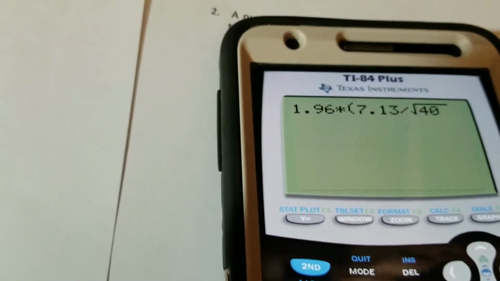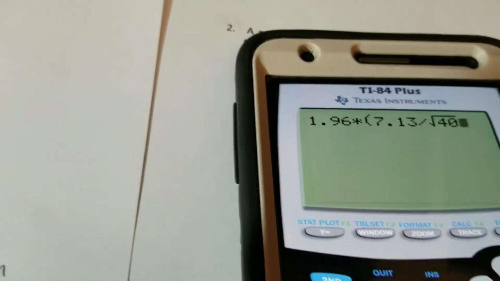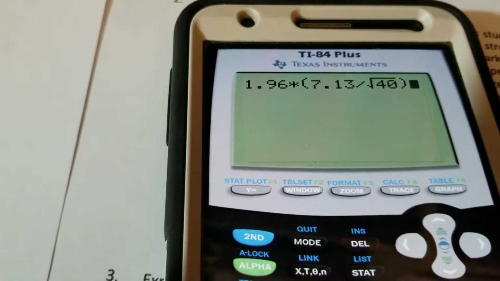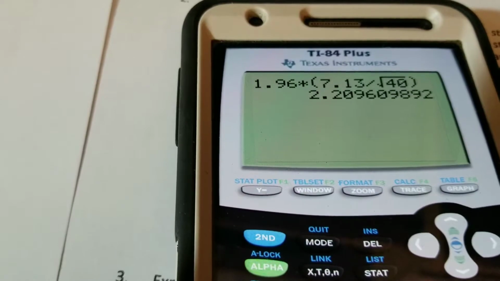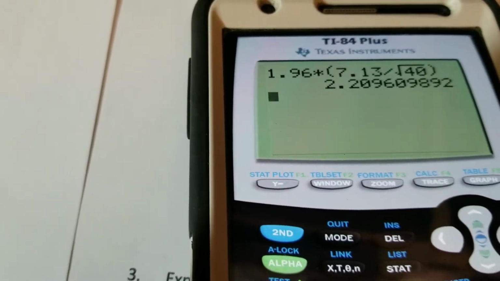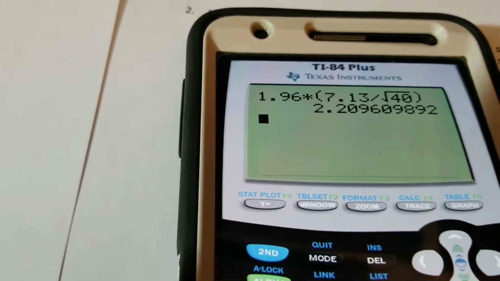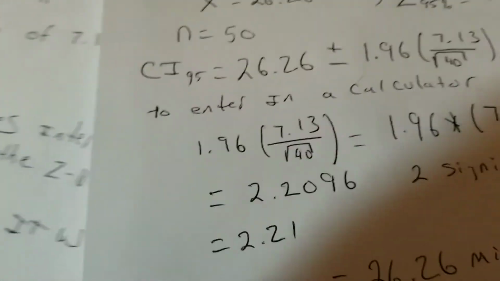Now I'm given the option of going back like that, but I want to make sure that it's closed, so I'm going to close that up right there. And I'm going to hit enter, and it's going to give me that number, which is 2.2096 and so forth.